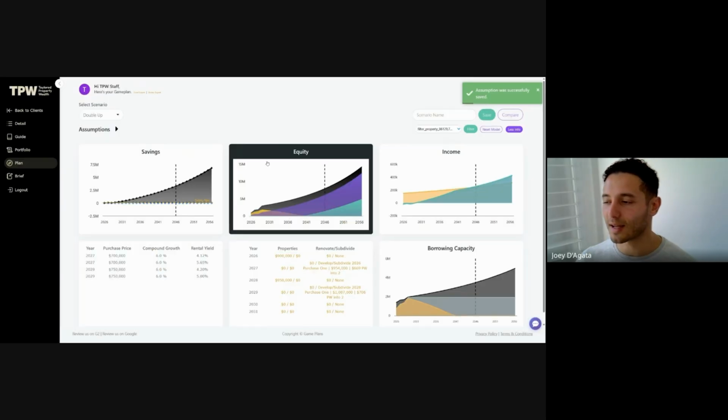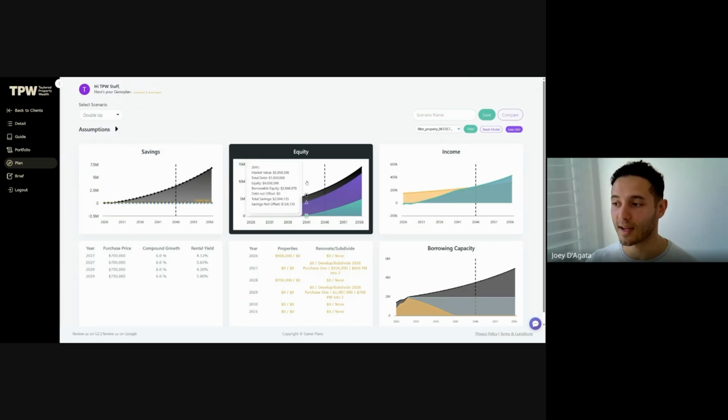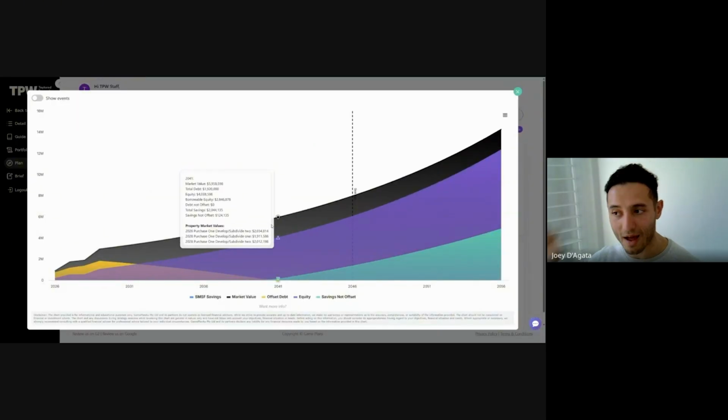All right, so we can now come through and have a look at that wealth position out there again in, say, 15 years' time. So rather than sitting on a portfolio of around 4 mil, we're now sitting on a portfolio of around 6 million by doubling down. You can see the composition of those property values down the bottom, roughly call it $2 million per asset, taking us to a total market value of around 6 million overall, which is a fabulous position.